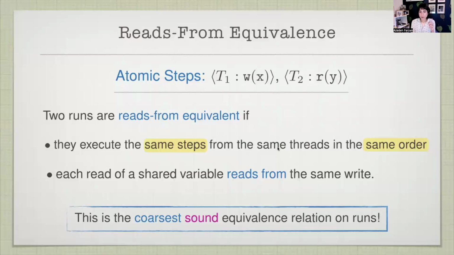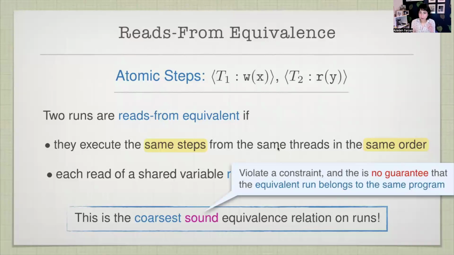Right. So you can do the reasoning in your head a little bit that if you break any of the two conditions that I put up there, it's not that it's guaranteed that you will not get another run of the program, but you can always make it adversarial so that if you break one of these two conditions by, for example, making a read essential to a branch, so that if it reads a different value, the program would go a different way, you no longer have the guarantee that you will get another run of the same program.